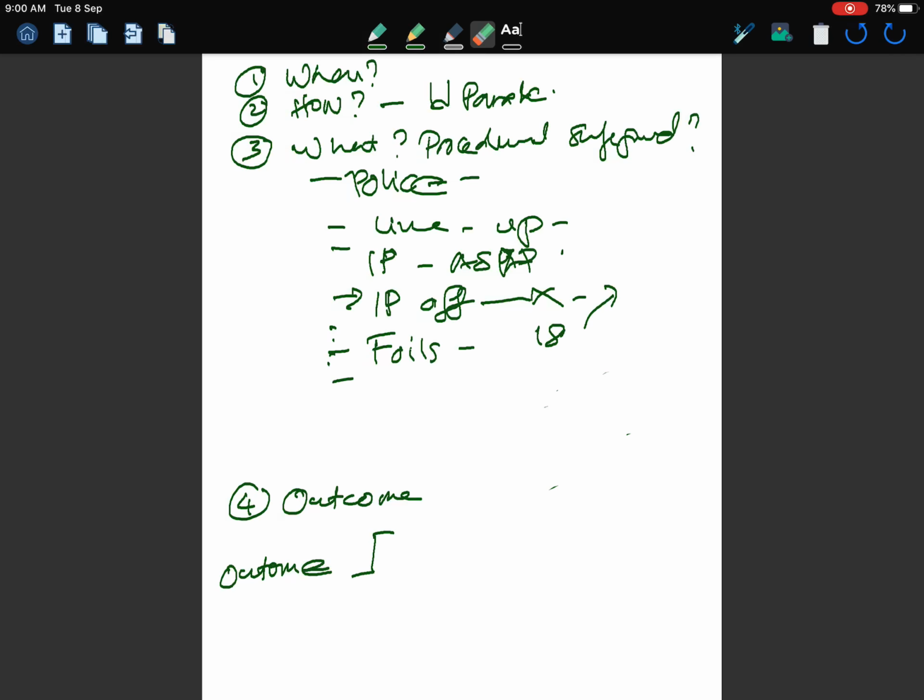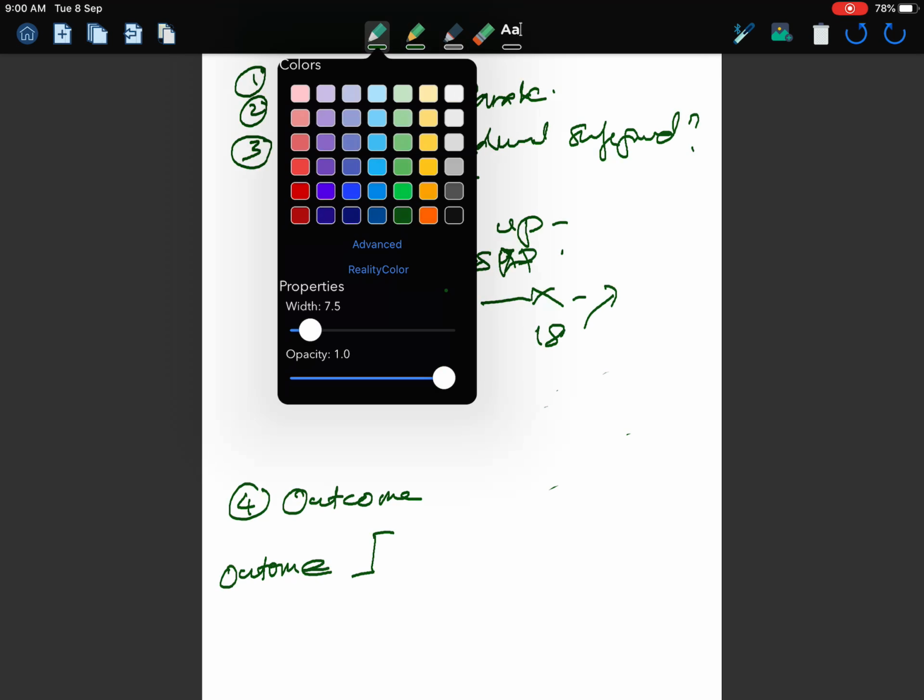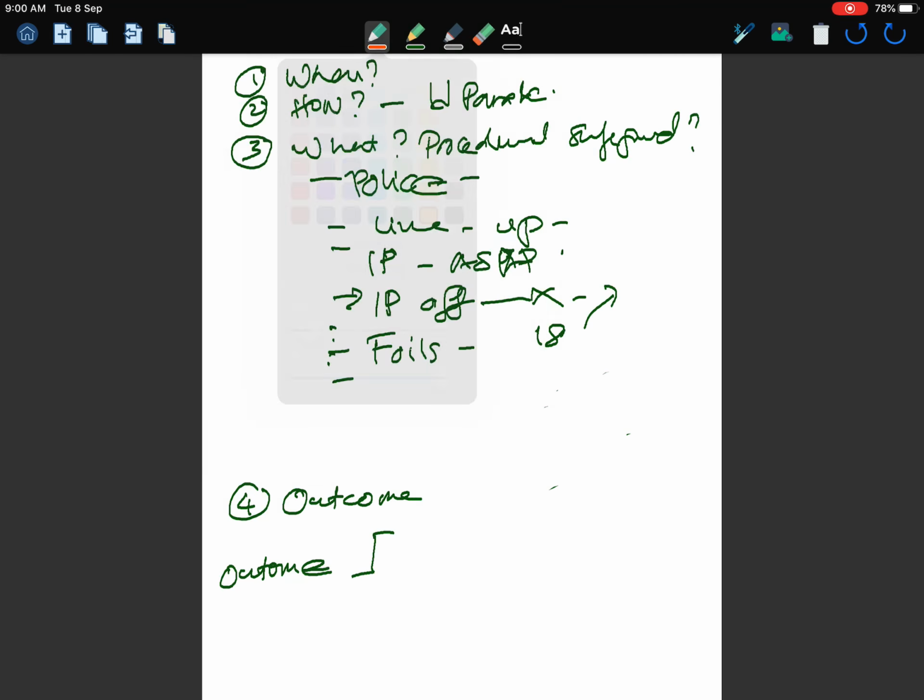Number one, the first outcome is that you have the witness here. I will erase this a bit, so I have more space to write on. Okay, the outcome here, number one, the witness failed to identify.